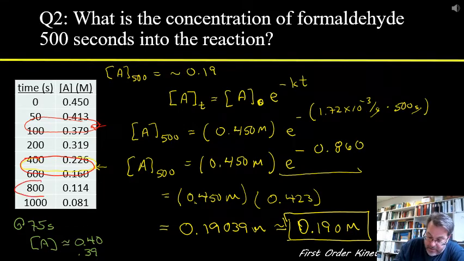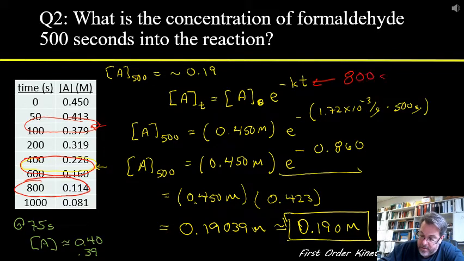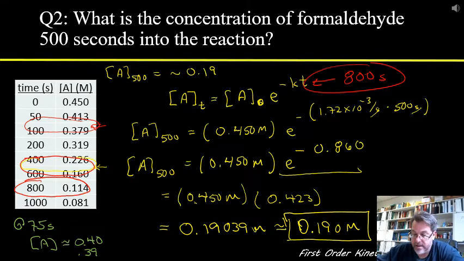You just pick 800. Let's say, what's the concentration at 800? Put 800 seconds in for T and see what you get. And if you get 0.114 molar, then you're doing everything right. So I would encourage you to try one or two of those until you feel good about it.